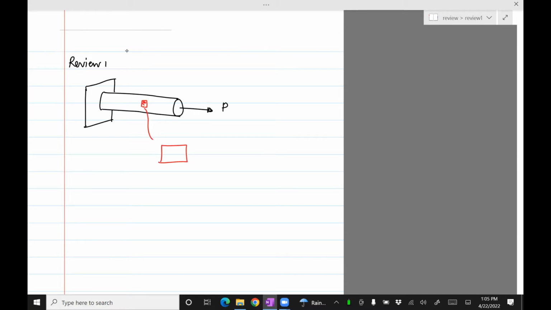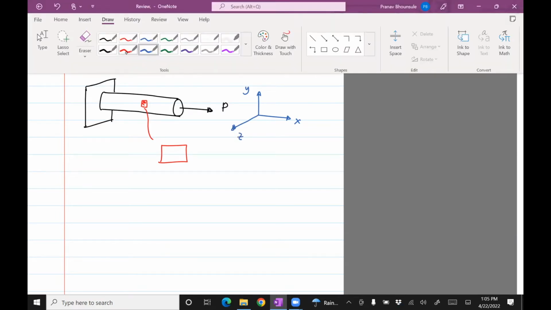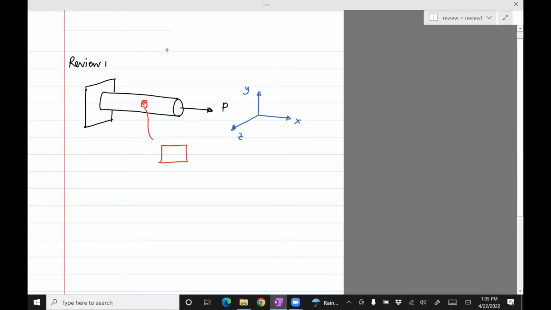And then let's draw the axis. X, Y, and Z should point this way by right-hand rule. Okay, so in this case, we have sigma x, sigma y, shear stress.